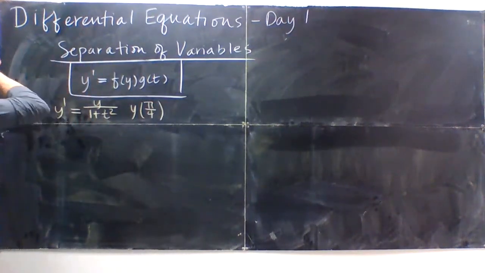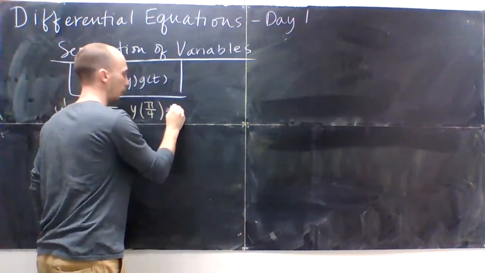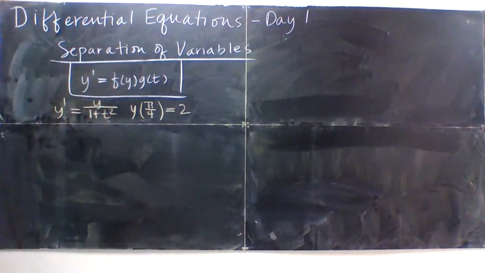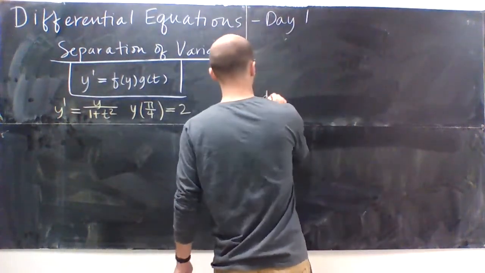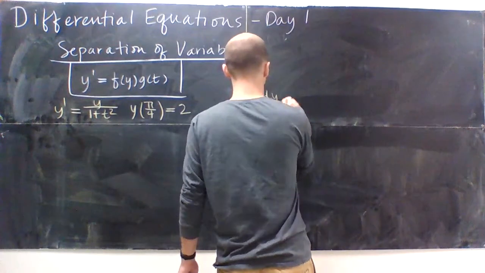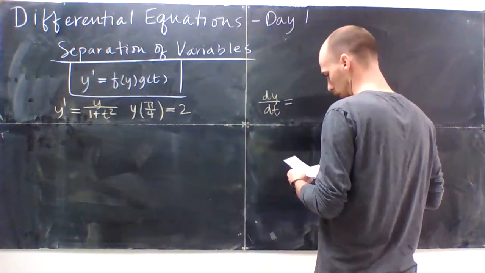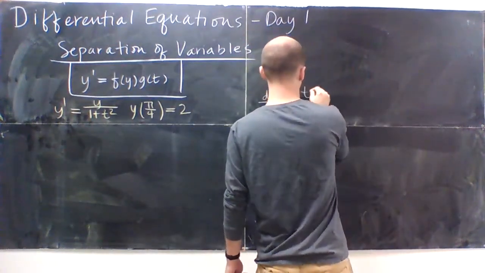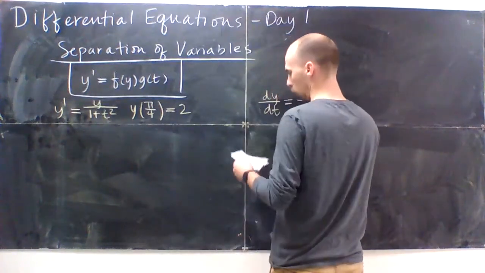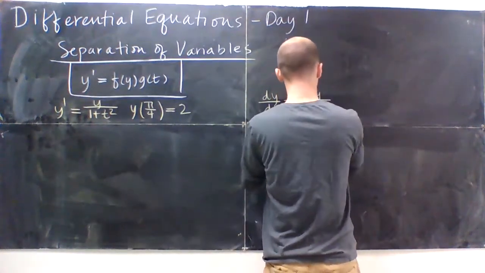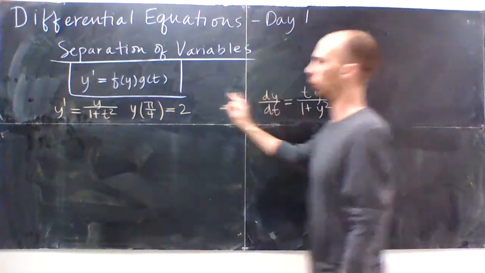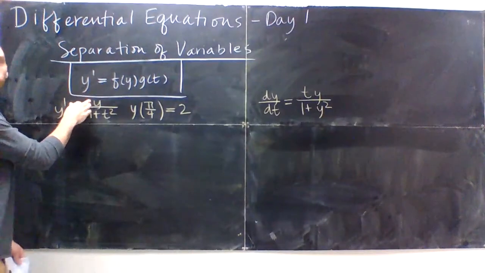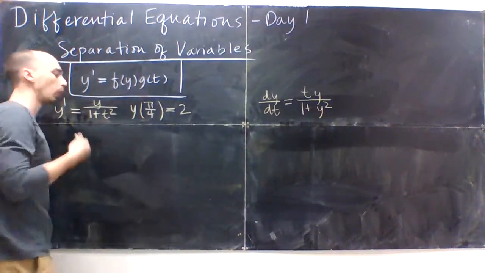Y of pi over 4 is going to be, how about 2? I think that'll be good. All right, and then I'll do another one, dy dt equals t times y over 1 plus y squared. And these both fit that mold, right? In this case, the f of y is just the y that's in the numerator, and the g of t is the 1 over 1 plus t squared.